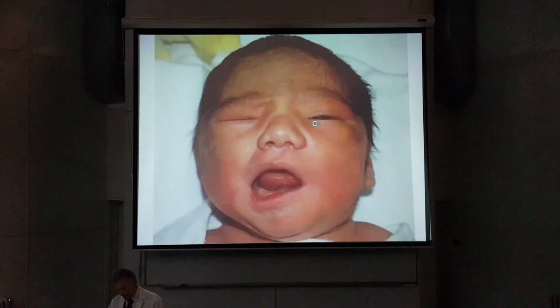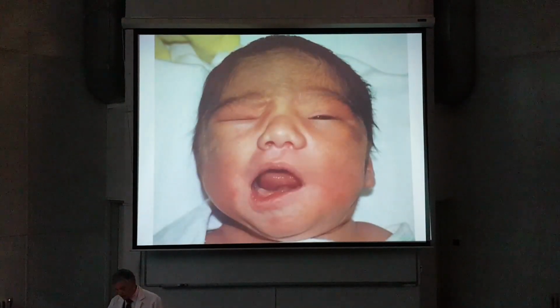In this patient, you can see that this eye is normal, this eye is larger because the orbicularis oculi is not working, and the mouth is pulled towards the normal side. This side facial muscles are working.